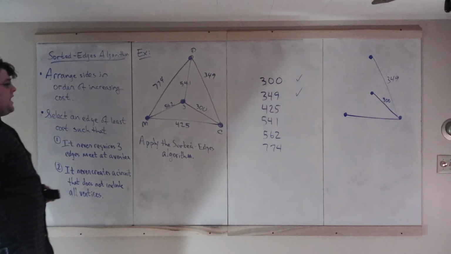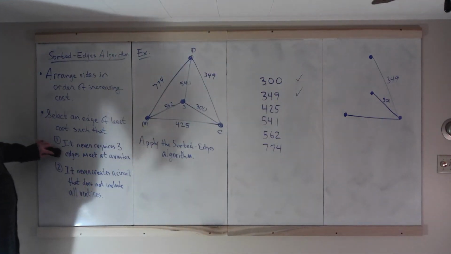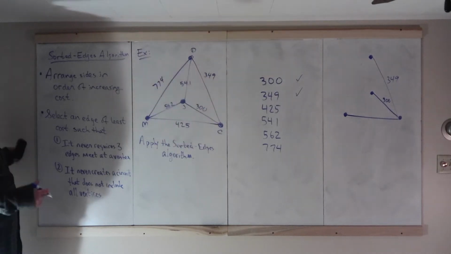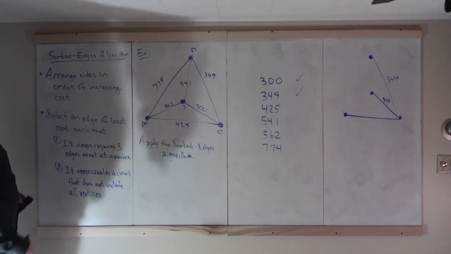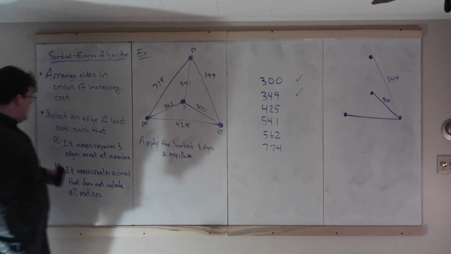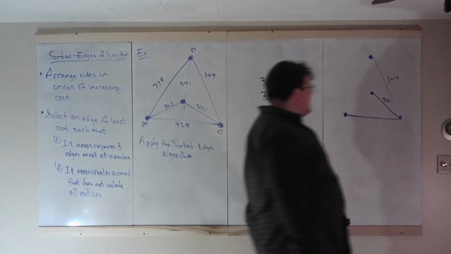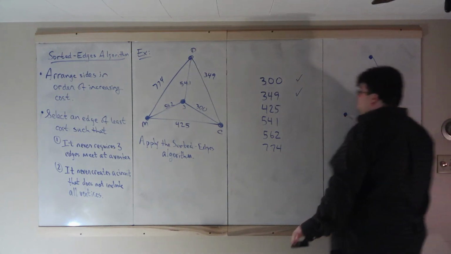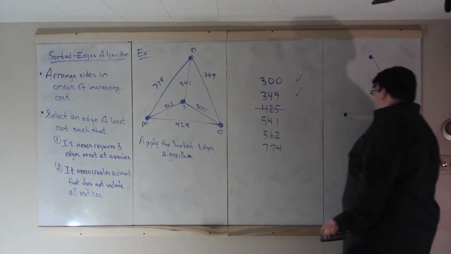So if we add 425, that would violate number 1 here. It has 3 edges meeting at a vertex. You're visiting a city 3 times. That means we can't add 425. So what I like to do when that happens is just cross it out like that.